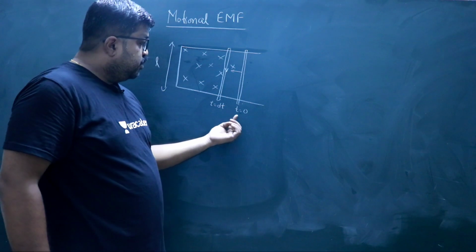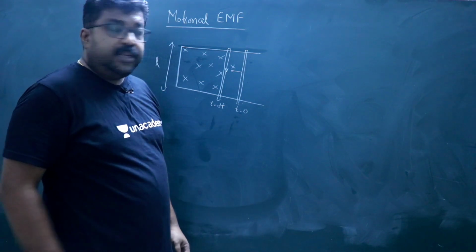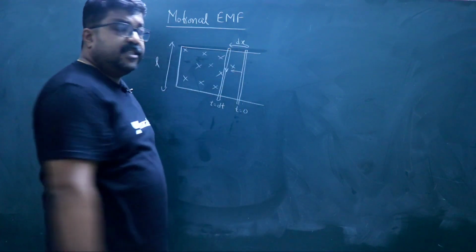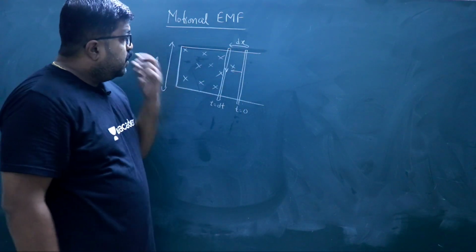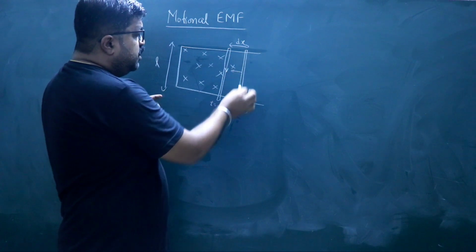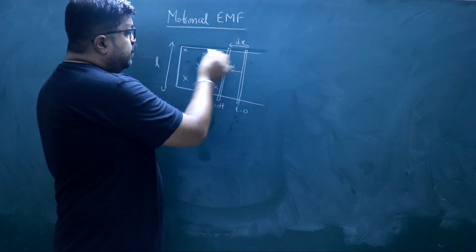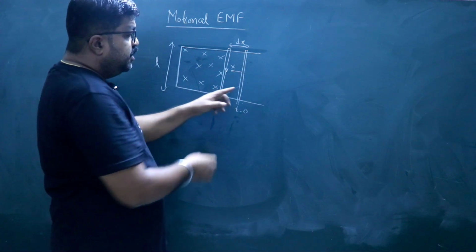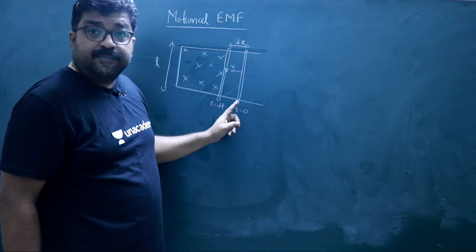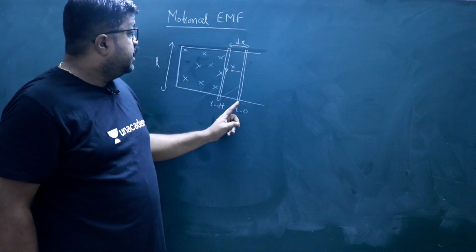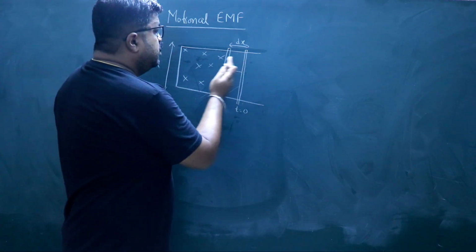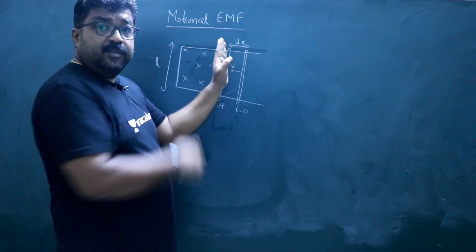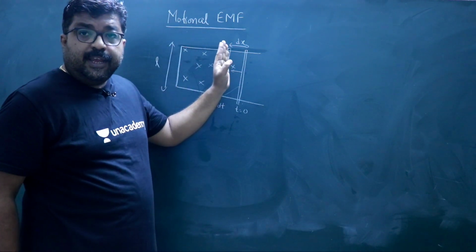So it has moved from this position to this position in time dt by traveling a distance dx. When the rod was at the first position, the flux was through this entire area. Now when the rod moves to this position, the flux is through this smaller area. So there is a change in area.